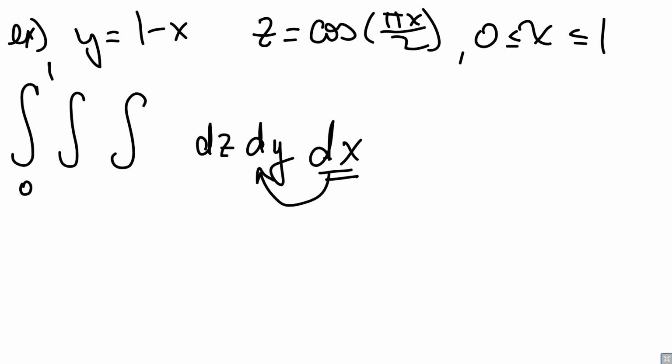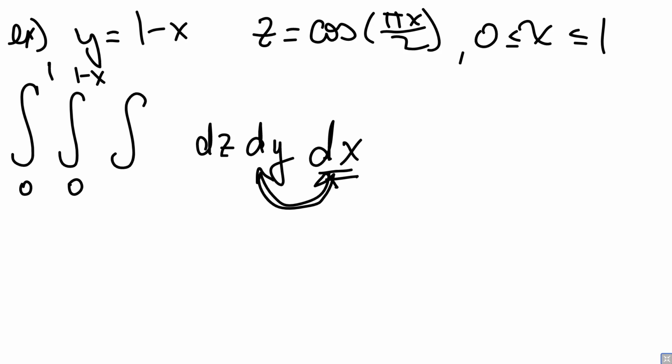Now, considering that these are for the equations y equals, whatever we have has to tie in x. So what do you think the lower limit for y would be? It would be 0. And the upper limit for y would be what? 1 minus x. Good.